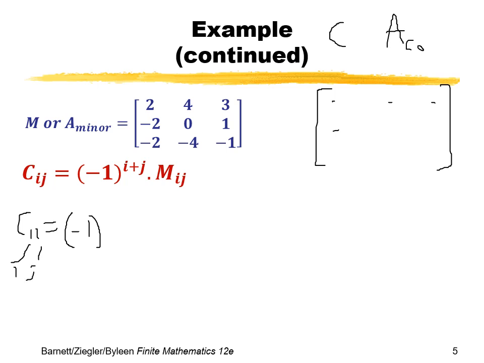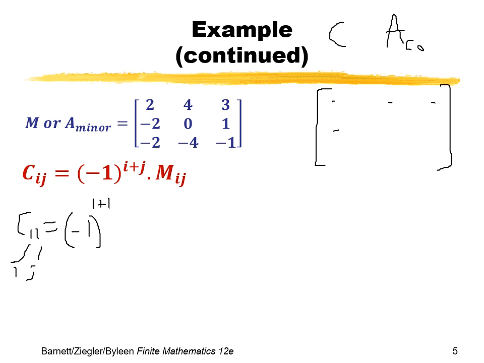As we said, i is the number of the row the element is in, and it's in the first row, and j is for the column. So i plus j equals 1 plus 1.